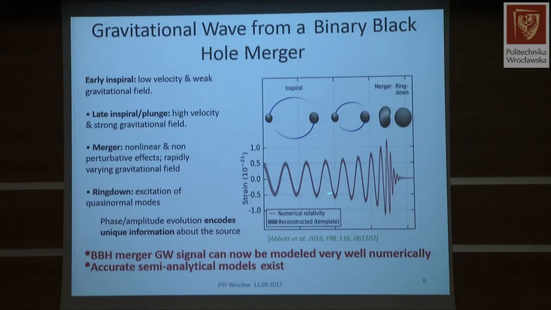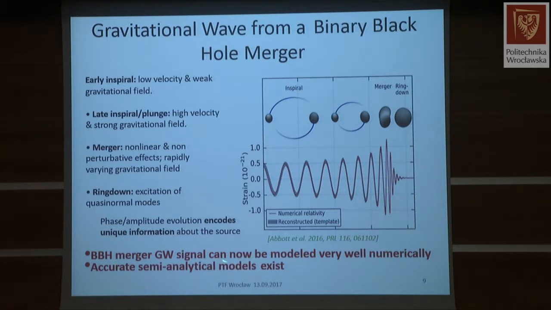At the moment, this signal has been very accurately calculated by numerical relativists. You are able to solve Einstein's equations for a binary system on a computer very accurately, and this solution matched very well the signal that was actually measured by the detectors.